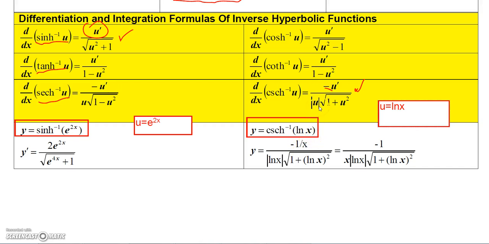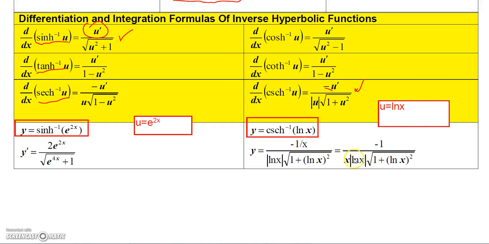And then in the denominator, I have the absolute value of u, so that's going to be the absolute value of natural log of x, and then times the square root of 1 plus u squared. So that would be 1 plus the natural log of x quantity squared. And you can actually move the x to the denominator, so I'm going to go ahead and do that.